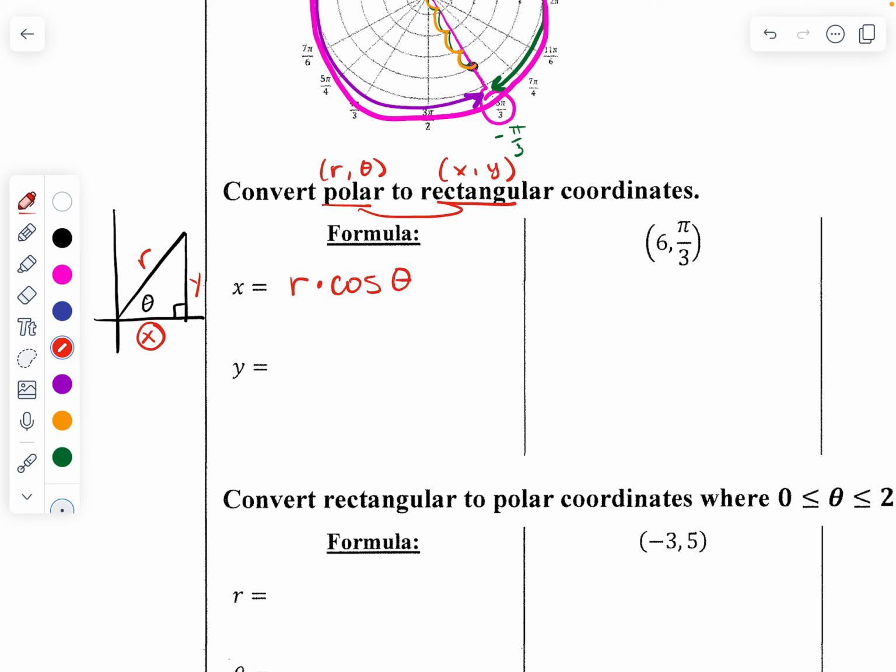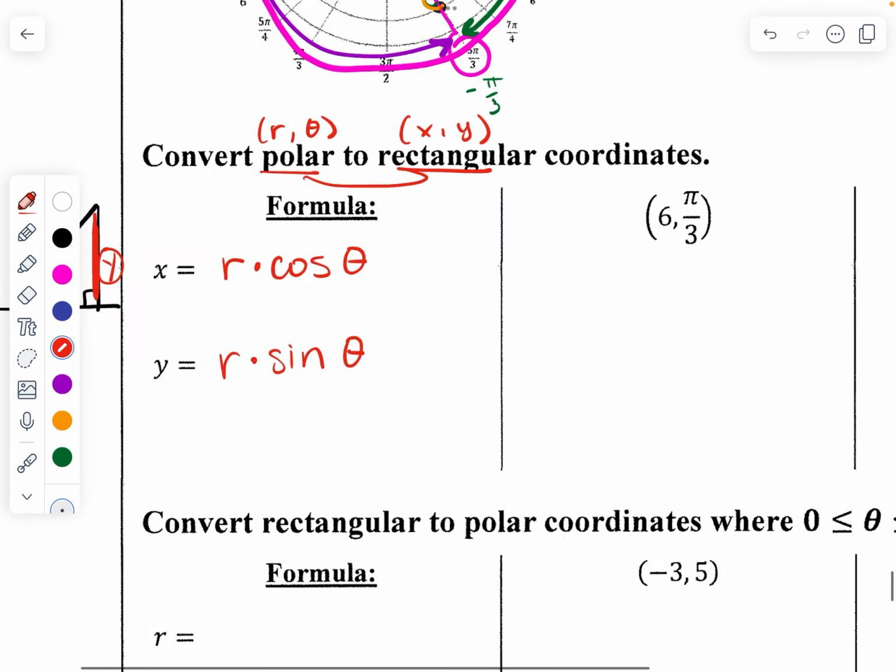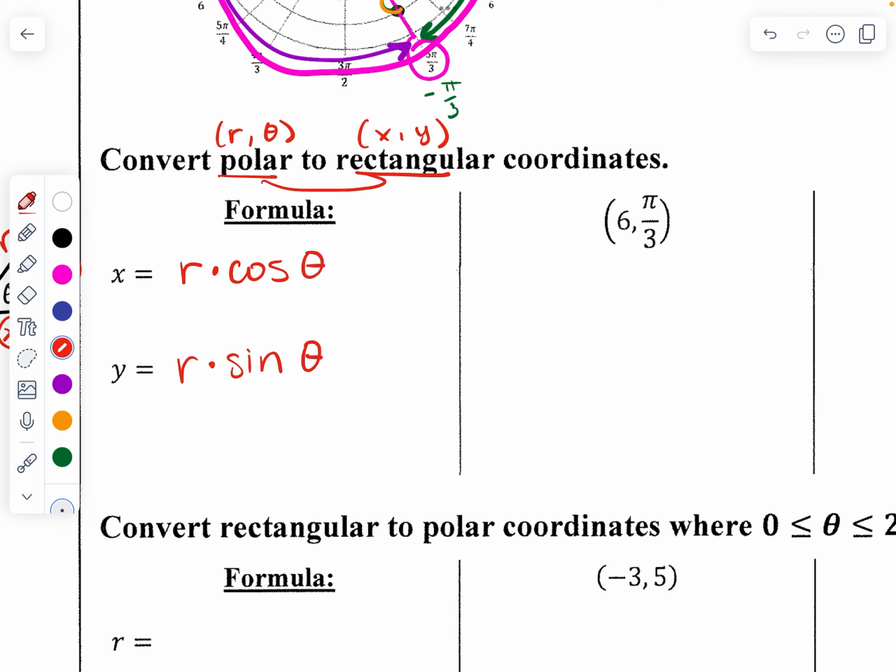And then also for y, that's r times the sine of theta. So this is where we get our formulas to get back to that rectangular form. So if I wanted to convert this polar to rectangular, we have to remember that this is polar, this is r comma theta.